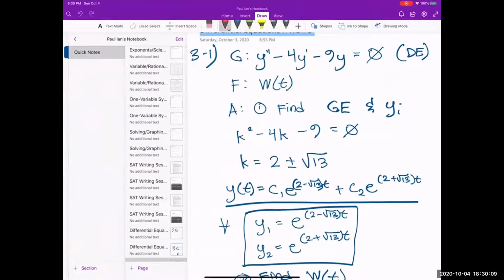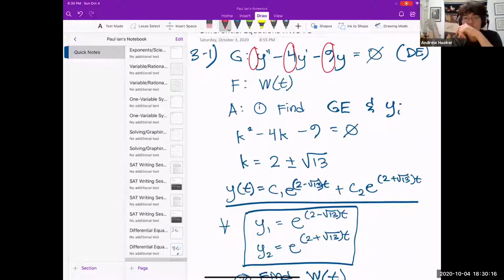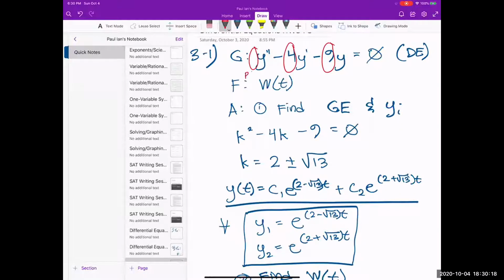Every time you have these guys, maybe for example this one is a function of t, and then you have this q that's a function of t, and then r a function of t. If you have them all as functions of t, then that's when you apply this reduction of order, and you should be able to get the same way as what we did here.